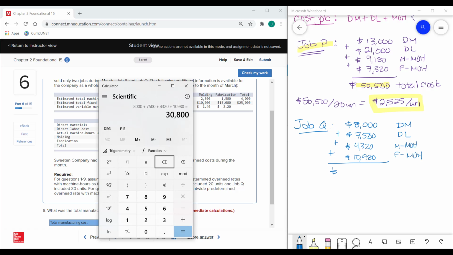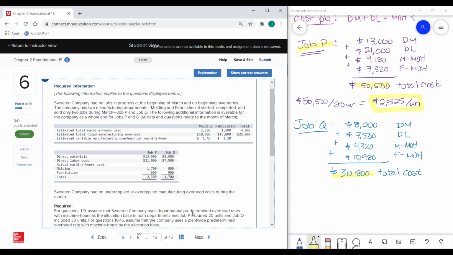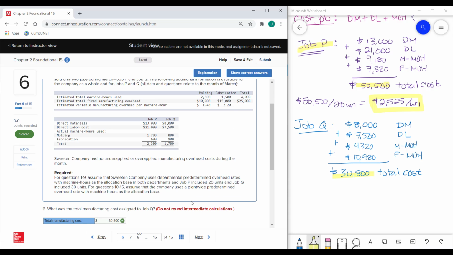So overall, we can see here that the estimated total cost of job Q is $30,800 here. Very good. Let's score that answer. There we go. That is correct. On to number 7.